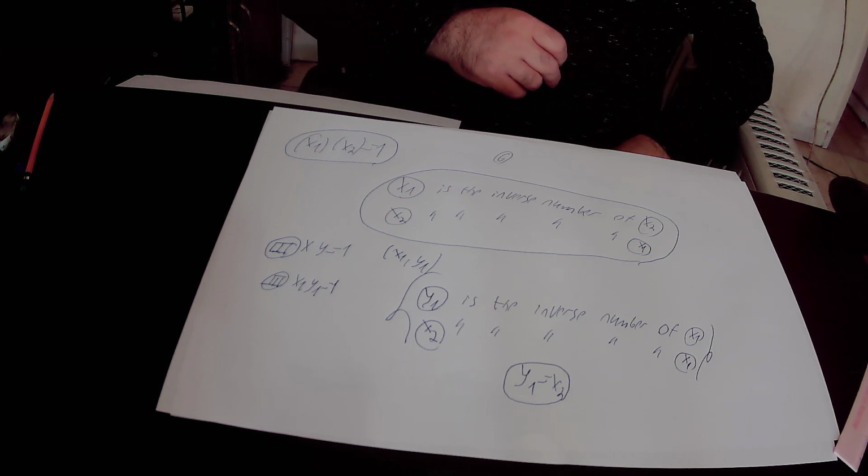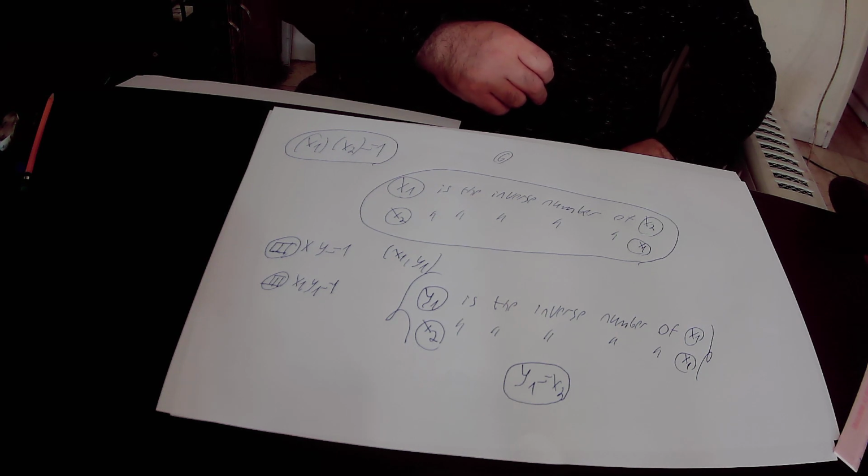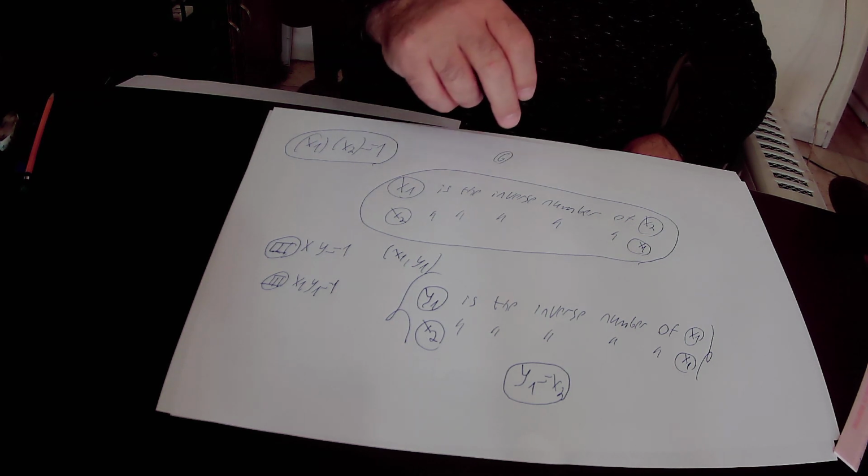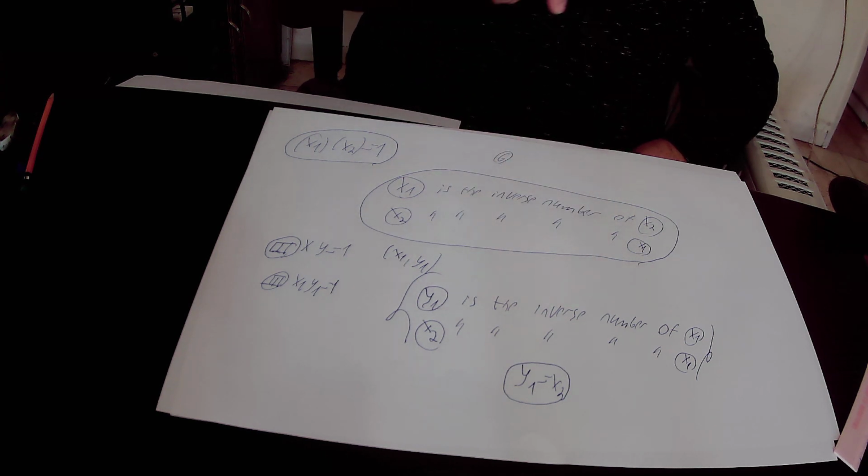But according to the rule that every number has only one inverse number, it means that y1 must be equal to x2. Because x1 has only one inverse number, we conclude that y1 equals x2.